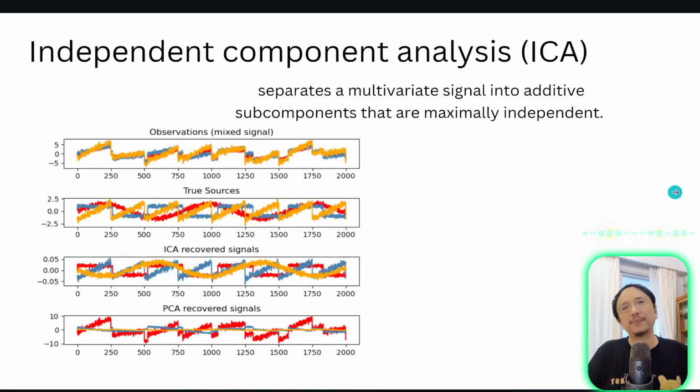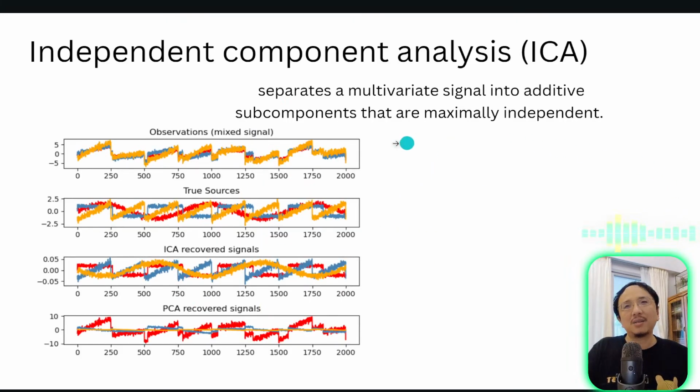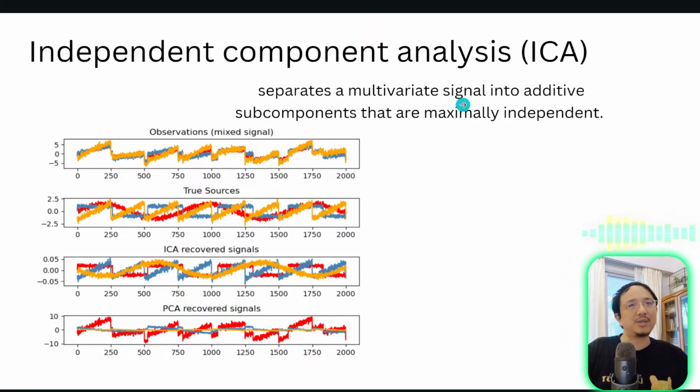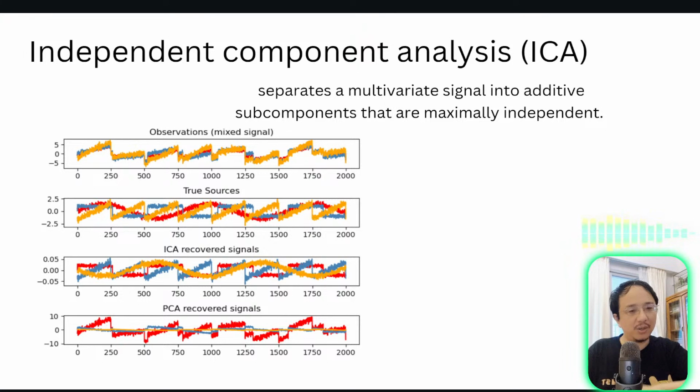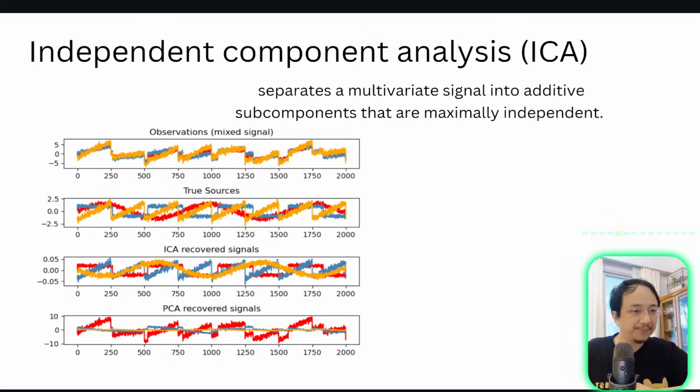Another similar thing is called independent component analysis. There are different algorithms for ICA. The fundamental idea is to separate the signal into different subsignals so that these signals are independent of each other. One example is when a mother is pregnant with a baby inside.